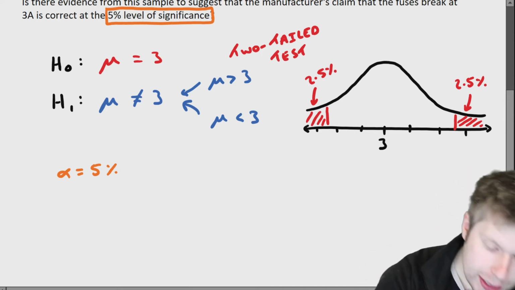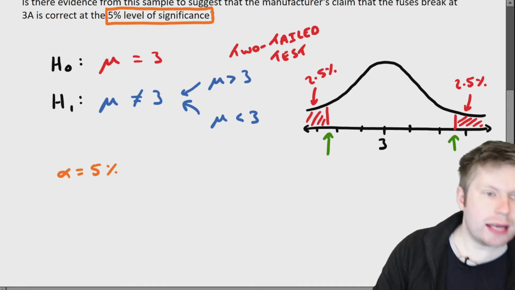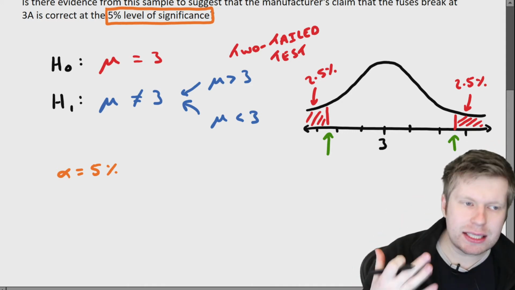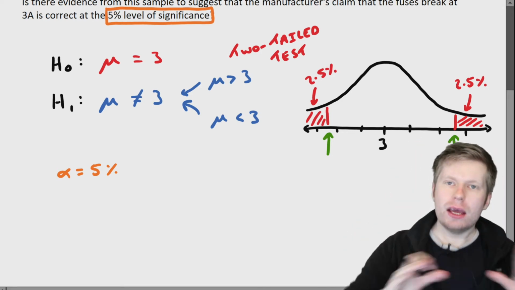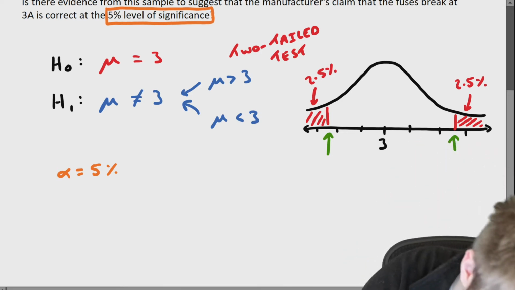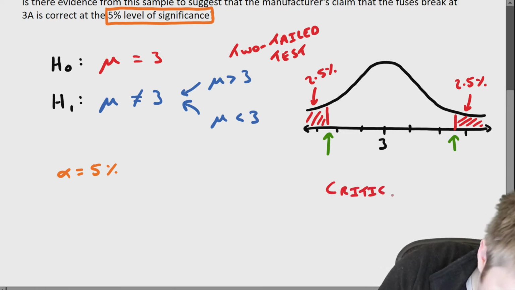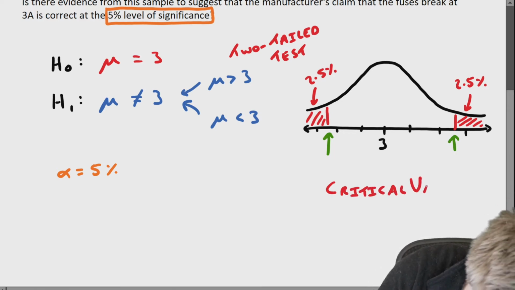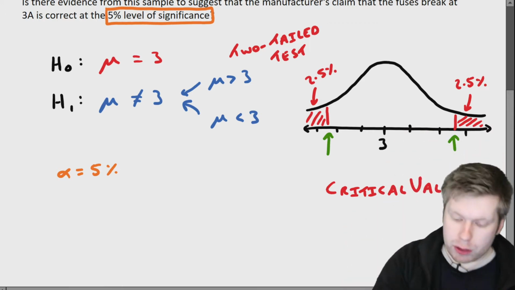So now my job is to find the cutoff values. In other words, how many standard deviations each side of the mean will I cut off, okay? So in that region, you see these 2 regions here, we call those the critical region. So the critical region are any measures of standard deviation from the hypothesized mean when we reject the null hypothesis.